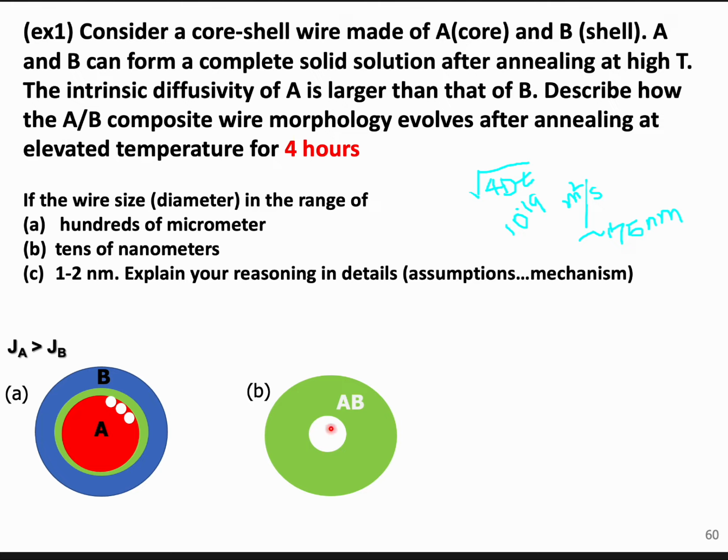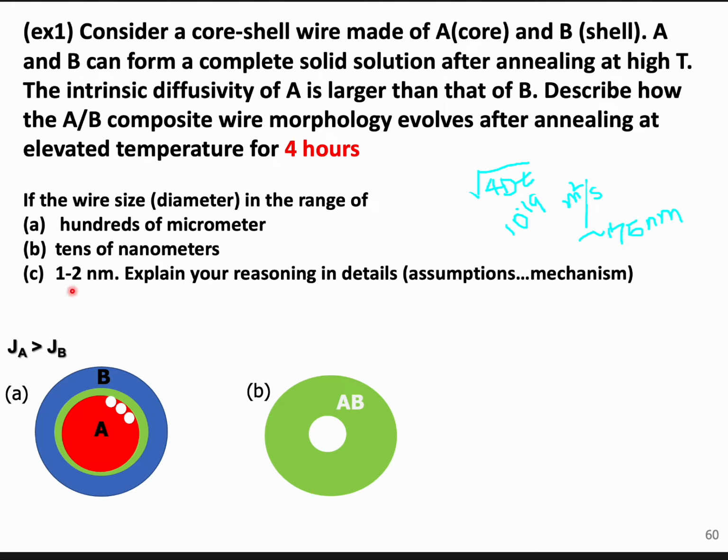Some people might struggle: is it possible to still have some pure A and B here? Yes, probably. If you want, you can draw it like that. But the major component will be the AB alloy in this case, okay?